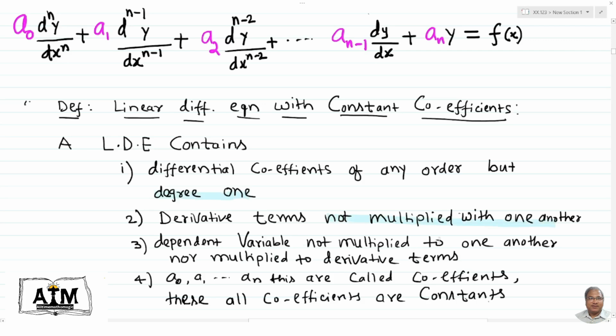Dependent variables are not multiplied to one another, and dependent variables are not multiplied to derivative terms, and coefficients a0, a1, etc. are all constants. So this type of differential equation is called a linear differential equation with constant coefficients.